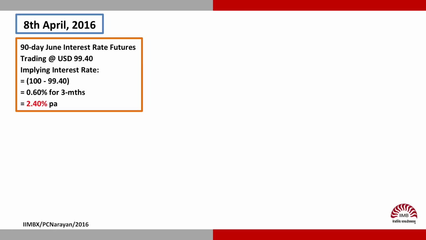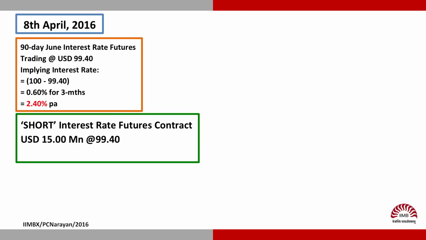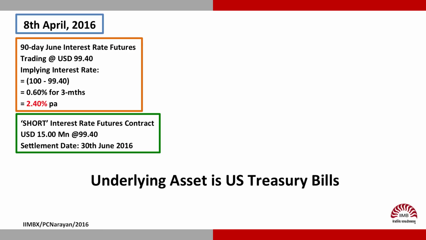The company will achieve this by actually going short, that is sell, today, 8th of April, interest rate futures contracts worth 15 million US dollars at 99.40, settling 30th June 2016. The underlying asset governing the 90-day interest rate futures contract, let us say, is US Treasury bills.